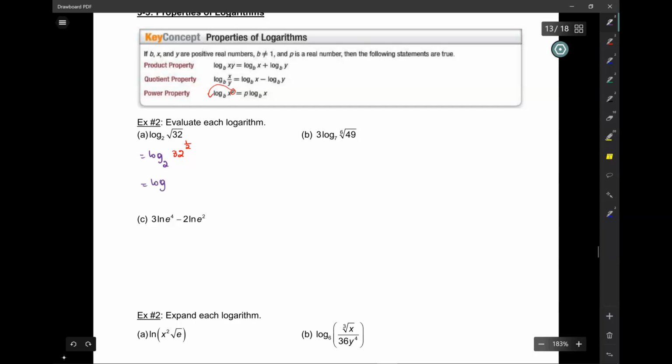So I have a log base 2, and I want to rewrite 32 in terms of a base of 2. So it'll be 2 to the 5th, times 1/2. And so now all this is equal to 5 over 2.